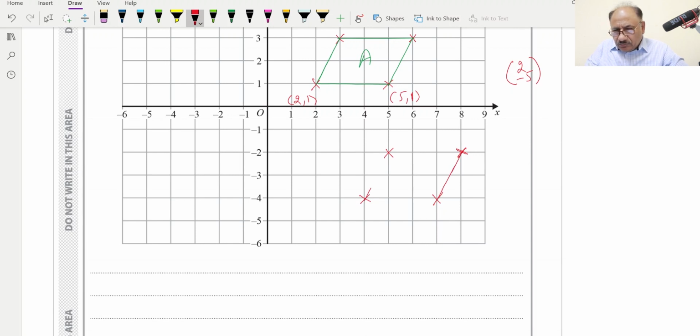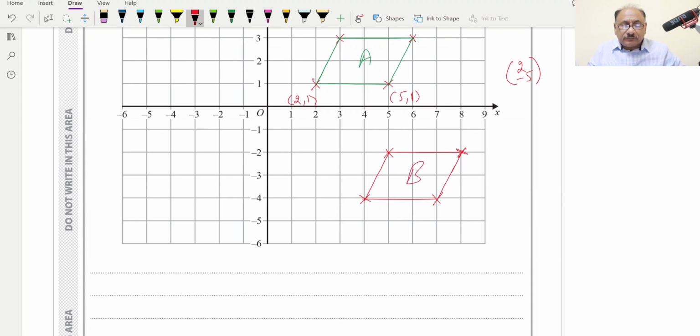If we draw this parallelogram, it will be over here, this one, and we have to label it as B. So we will be labeling this as B over here.